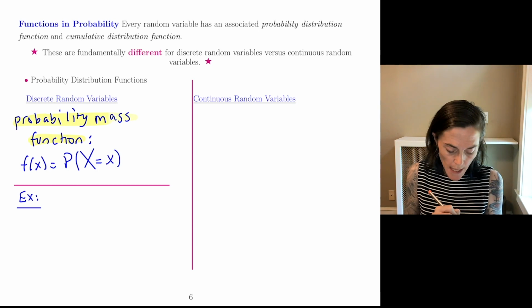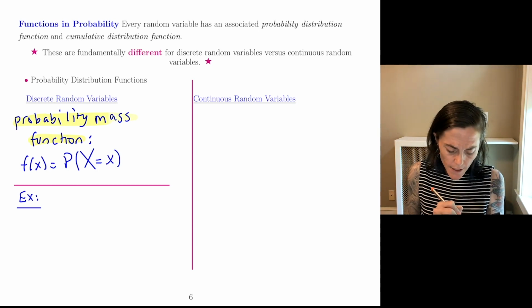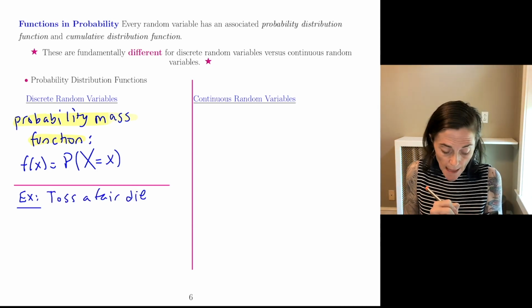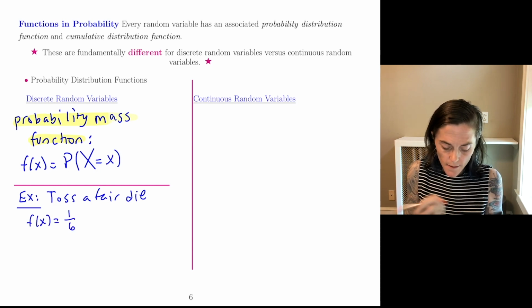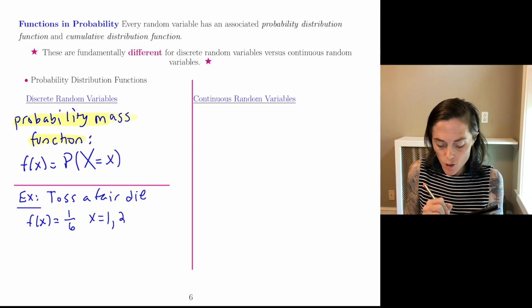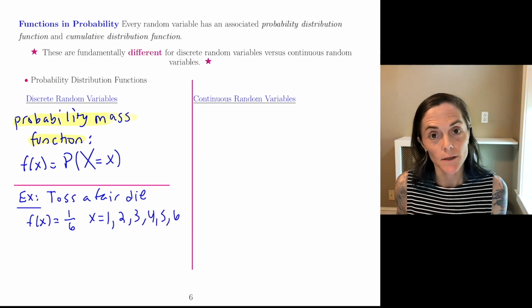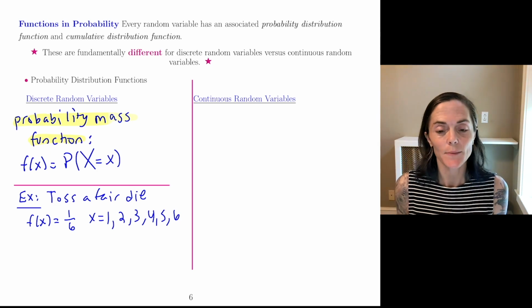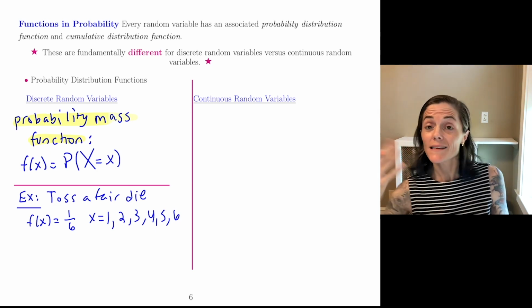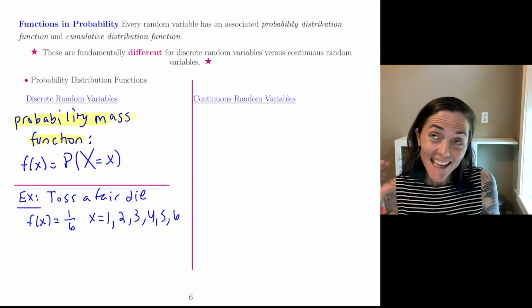So, for example, here's an example. Let's take tossing a fair die. Then f of x is 1/6 for x equals 1, 2, 3, 4, 5, and 6. In fact, this is very similar to the first thing we talked about. If you have a fair die, all sides are equally likely.